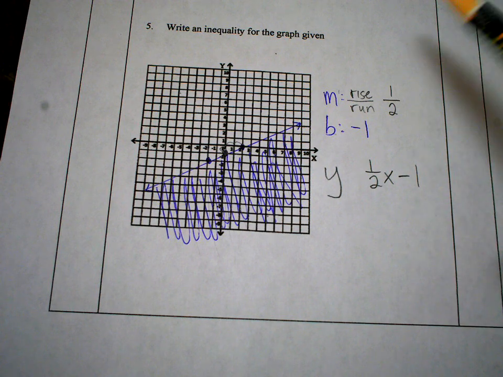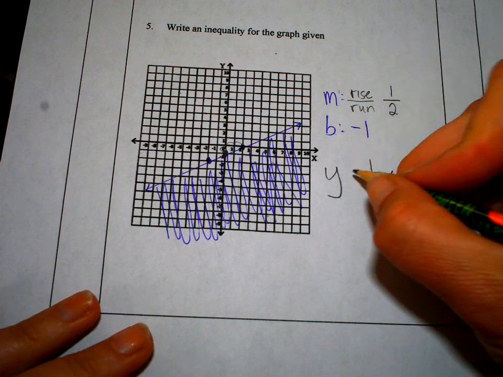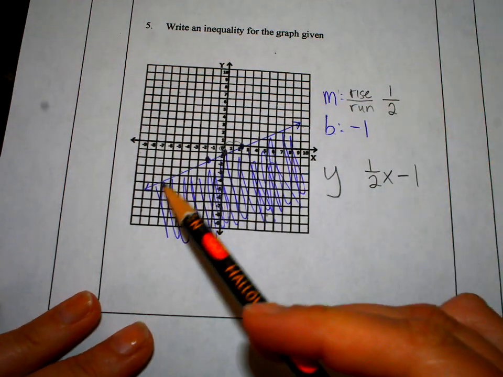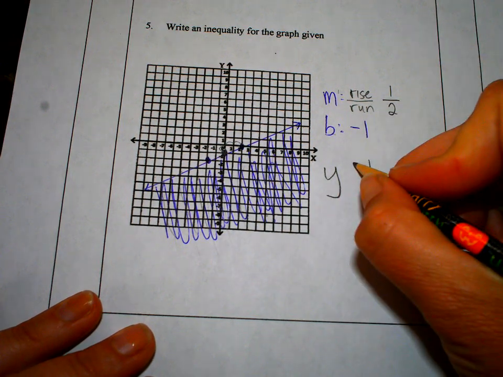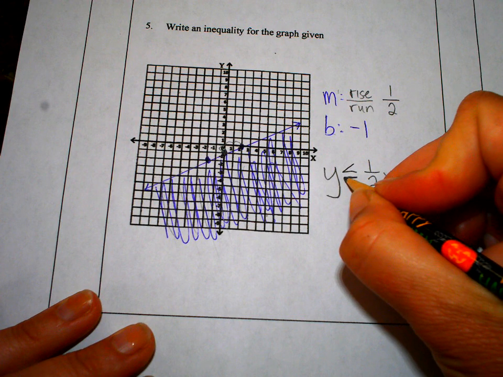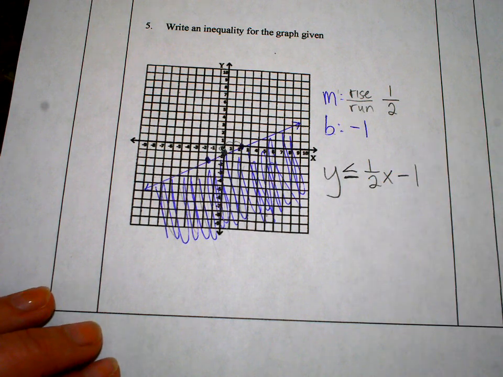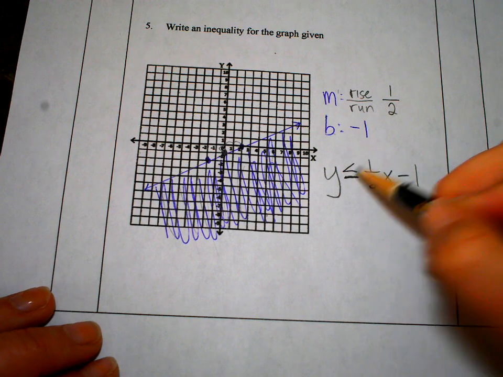If it's a solid line, it's going to have an or equal to symbol underneath it. Now I shaded below. That's where the less than comes in. So it's going to be less than or equal to.